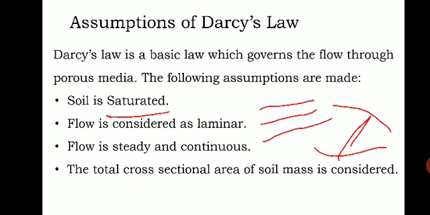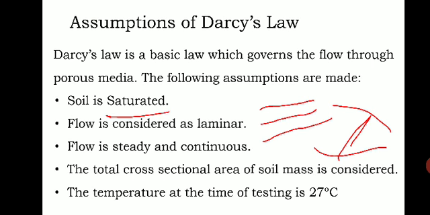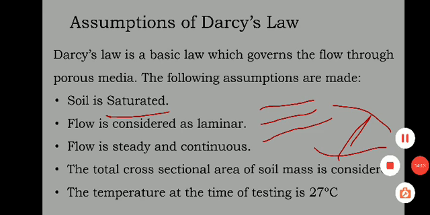The first one is the soil is saturated, then the flow is laminar, and the flow is steady and continuous, and the total cross-sectional area of the soil mass is considered, and the temperature at the time of testing will be 27 degrees centigrade.